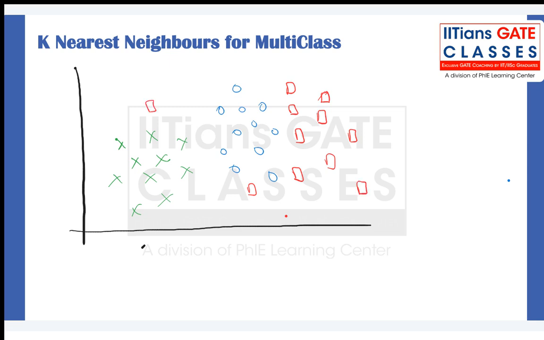Okay, let's say I want to predict what is the class for this data point, the data point labeled black. And let's say the value of k is 5. What will you answer? Is it blue, green, or red? Blue, right? I mean, it looks very simple, right?